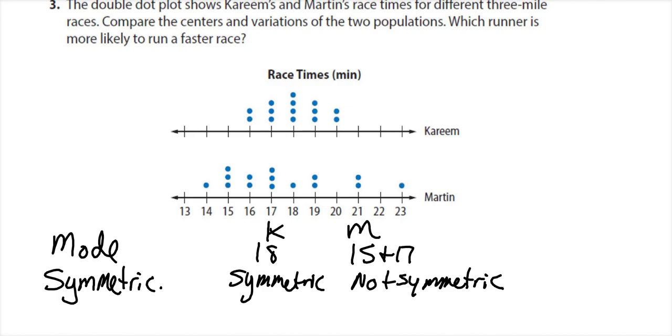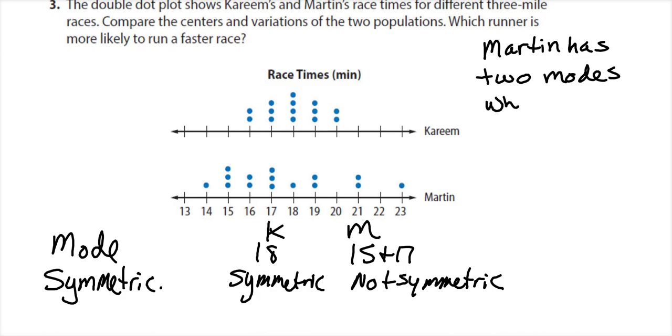So then let's make a little statement about these. We can say that Martin has 2 modes while Kareem has 1.